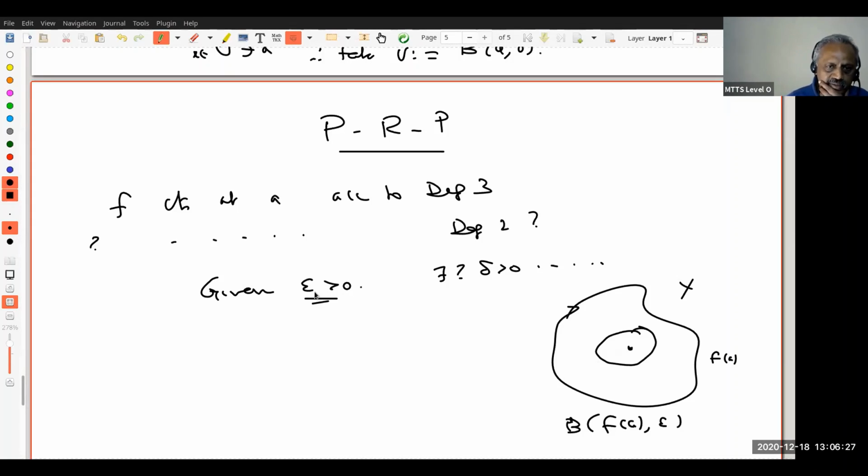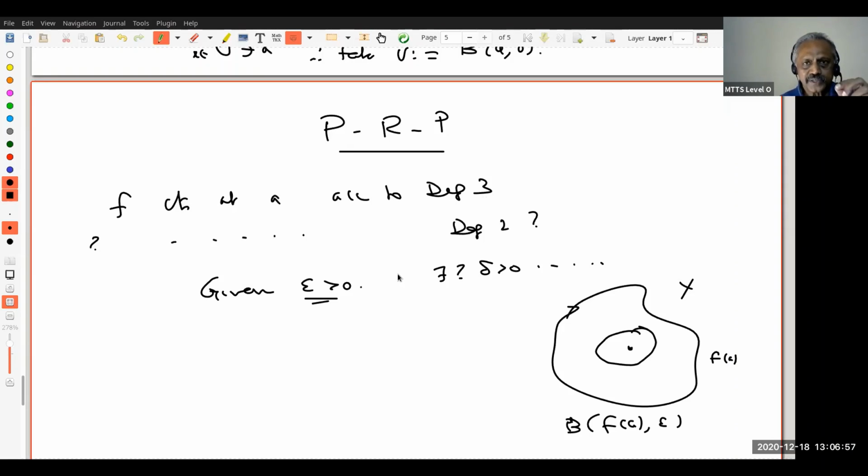Now I have to make use of continuity of f according to definition 3. Definition 3, what does it say? It says that given an open set V which contains f(a), then I can find an open set U containing a such that f(U) is contained in V. So to exploit the hypothesis, namely f is continuous at a according to definition 3, what should I do?